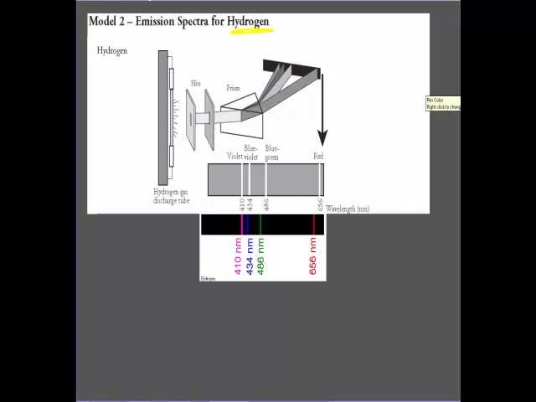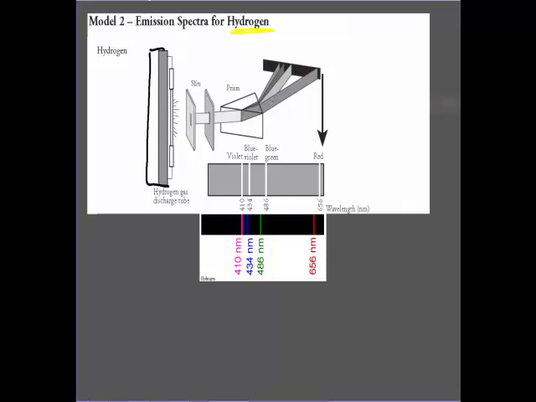Over here, this particular device is just a little device that creates an electrical current that then goes through a gas in a tube and it glows, just like a neon light you see on the street, except in this case it's a hydrogen light. And then it goes through this little slit to focus it, and then through a prism.